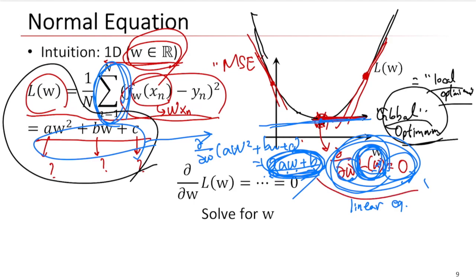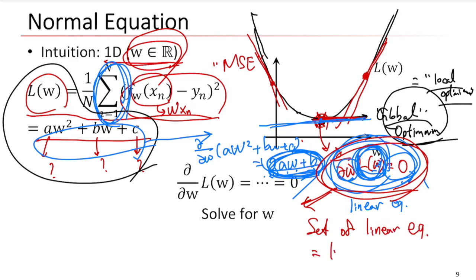It means that this equation represents some set of linear equations. What does that mean? This is also called a linear system. I'll let you know in the first lecture of this course.